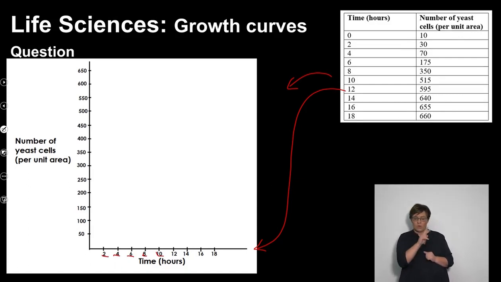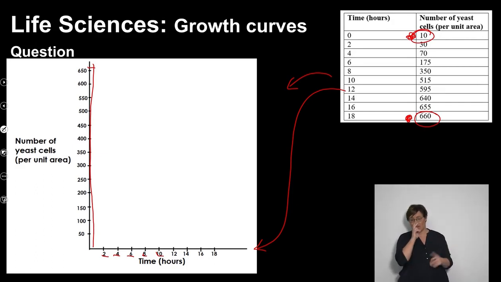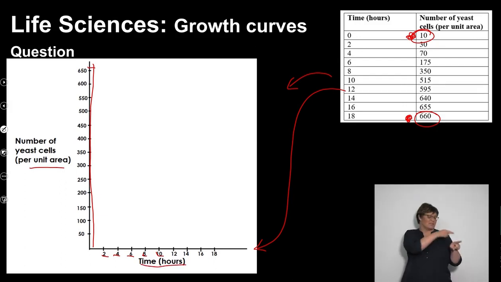We now look at our smallest number of yeast cells and our largest number of yeast cells, and we must make sure that our y-axis is going to accommodate going from 10 all the way up to 660. Right, so we've got an idea of the scale, and we have labeled our axes as well.